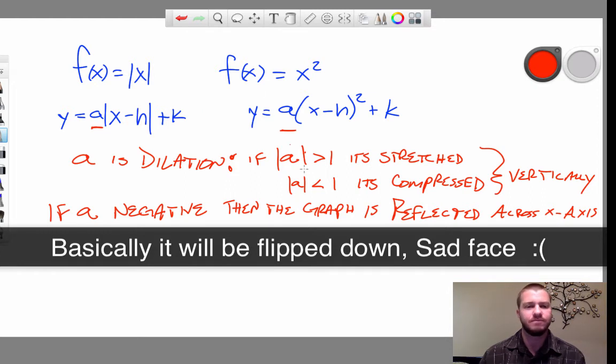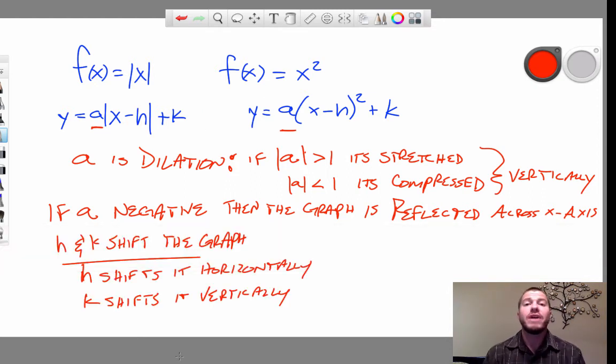On either function, the h and k will shift the graph horizontally or vertically. And the h is going to shift it horizontally. Now, we're going to use this form for a lot of other graphs as well, and all of these transformations are the same for all of them.